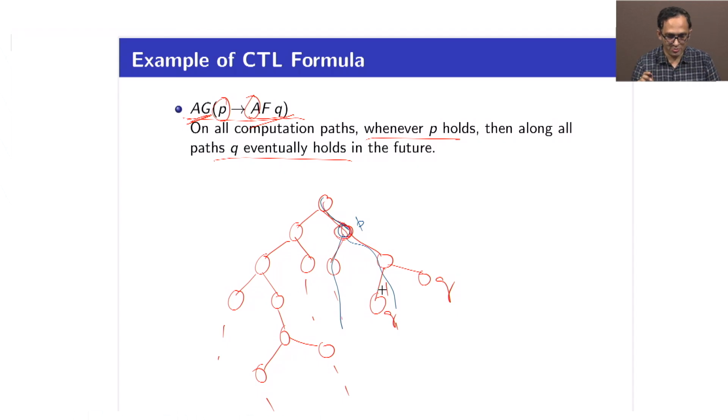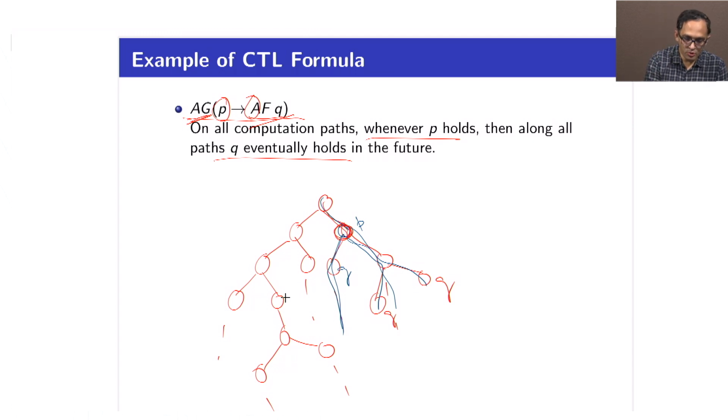So, this part holds for here, but similarly for this also it has to hold, because from here there are three paths, right. This is one path, this is one path, this is one path. Let us say Q holds here. So, this phenomenon holds for these scenarios.